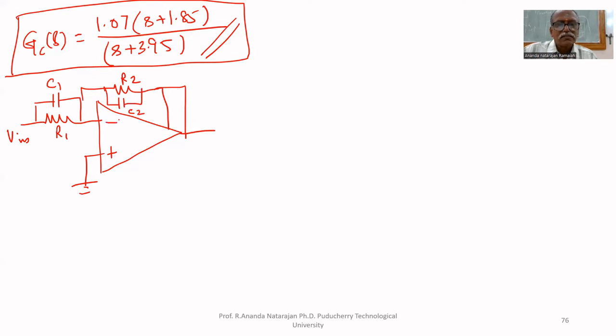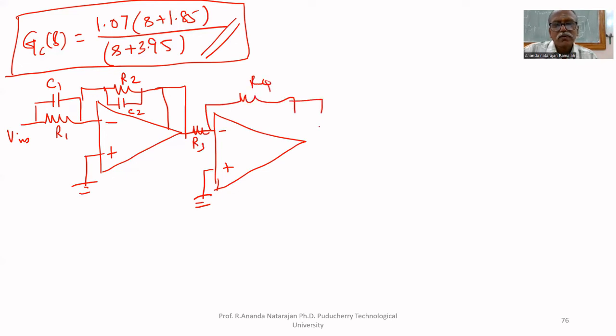This will be inverted. That's why we would put one more inverter. Otherwise, we can adjust here itself. So, a resistor here, R3 and R4. This is the circuit.